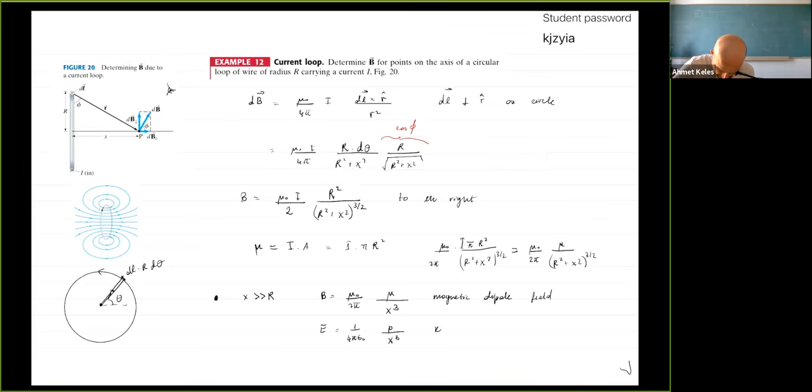So this is the electric dipole field. So this is the B field, this is the E field. All right? So when we say a loop is kind of like a dipole, it's actually a good statement. You can see the similarity, right?